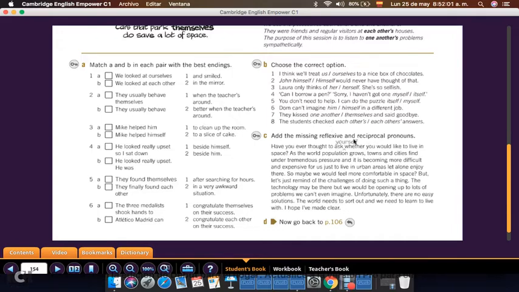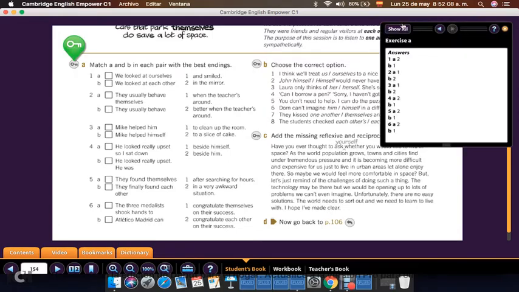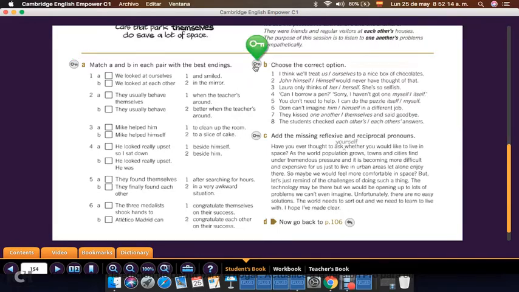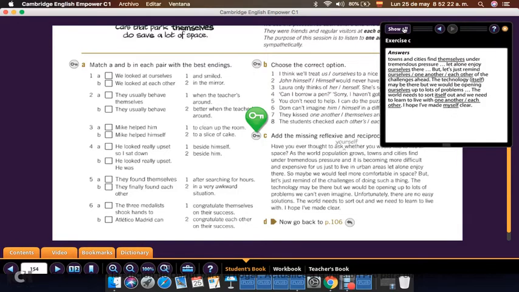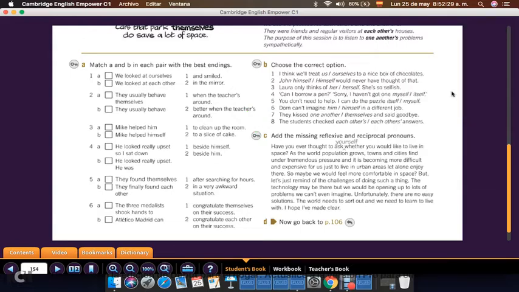Okay? Then choose the correct option, add the missing reflexive and reciprocal pronouns, and then you go back. Okay, so check that your answers are all correct right here. This is for A, this is for B, and this is for C. Okay, pause the video and check that your answers are correct.